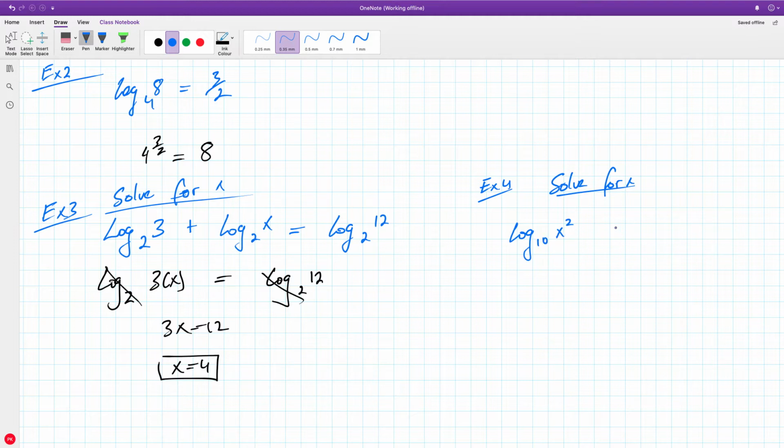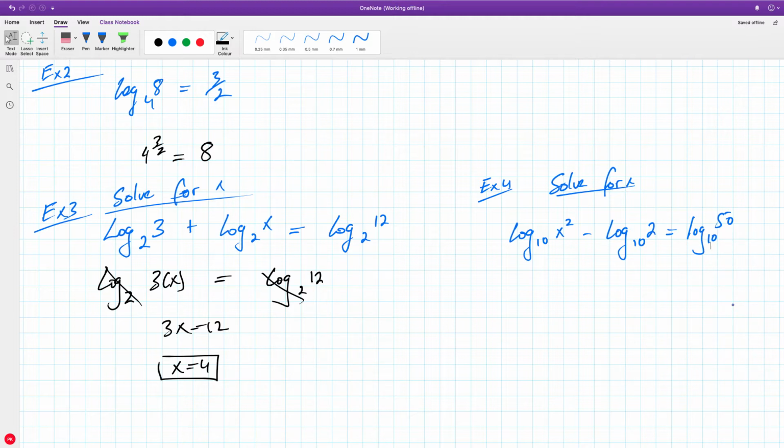The log of x squared to the base 10 minus the log of 2 to the base 10 equals the log of 50 to the base 10. Which rule are we going to use? Which one in our logbook? Not the first one this time.